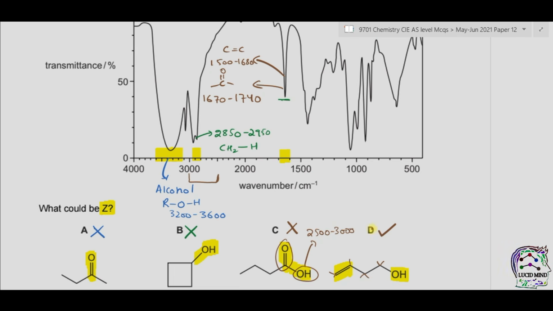Now let's find the molecular formula of this compound. We have 1, 2, 3, 4 carbon atoms, 8 hydrogen atoms, 1 oxygen. So this molecular formula is similar to the one given in the question. Therefore, correct answer is D.